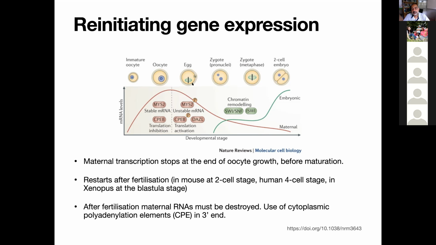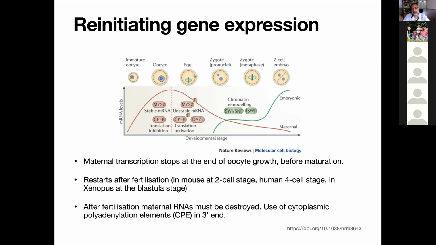The only thing the sperm provides is a pronucleus and perhaps a centriole if you're lucky. Up until a year or two ago, it was thought that the sperm didn't even provide mitochondria, even though the sperm head is packed with mitochondria. So it's not really providing any RNA. All RNA is coming from the mother at this point.